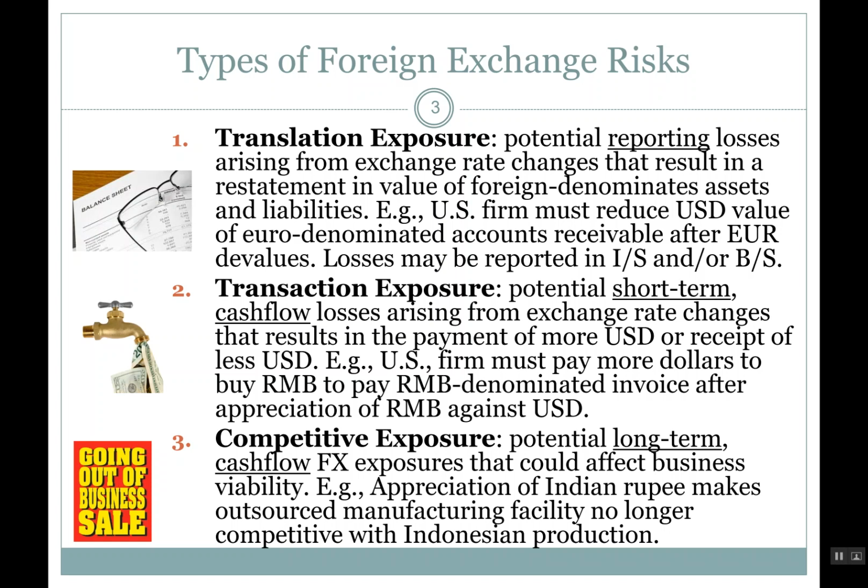However, these losses are strictly confined to the balance sheet. In other words, they don't actually hit net income or earnings or cause you to miss your earnings number. So we like to think of these as paper gains and losses. They're not real yet. It's just the accountants showing a loss. Now they could be real.